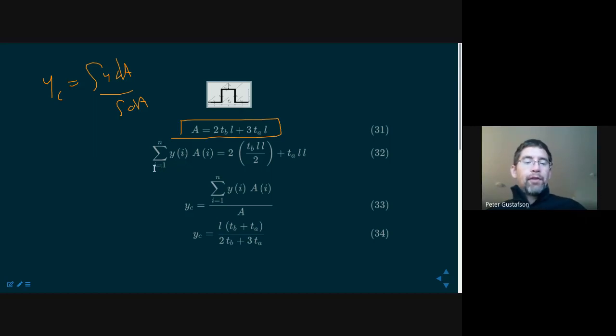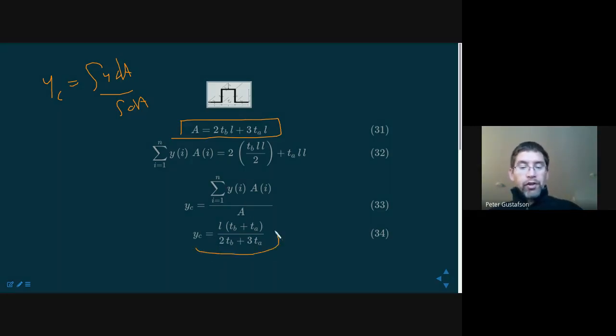So I have 5 segments, so we sum from i equals 1 to n, of the local centroid times the local area, and that ends up being equal to 2 times TB L, L over 2, plus TA times L. So those are L squareds. I just left them as they were. And then last but not least, we can calculate the y centroid. This is really simple stuff. You guys could do that as freshmen or sophomores.